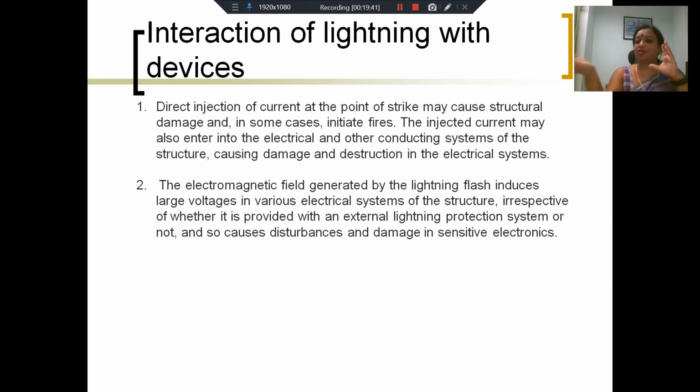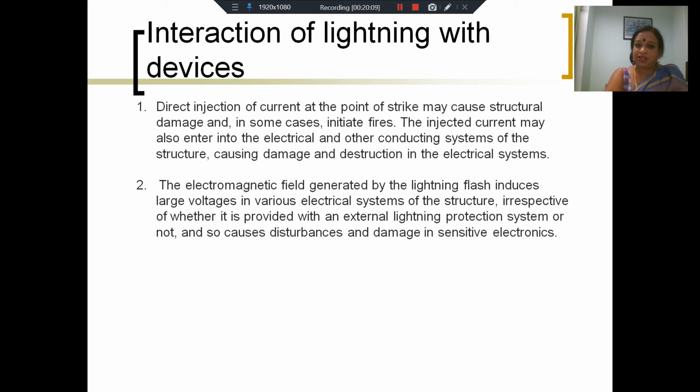So if you have electrical systems, even if the electrical system does not take a direct hit, but if a lightning hits nearby, there will be induced voltages in the conducting system, and these induced voltages will be very high. And as a result, there will be a large current flowing through the electrical network, which will cause damage to the electrical system of the structure.